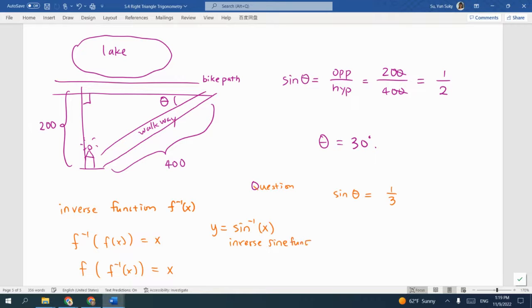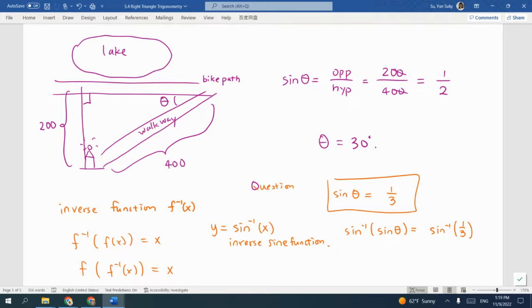So you have sine theta equals 1/3. Then you apply inverse sine on both sides. Then you get inverse sine of sine theta equals inverse sine of 1/3. Is that okay, everybody?